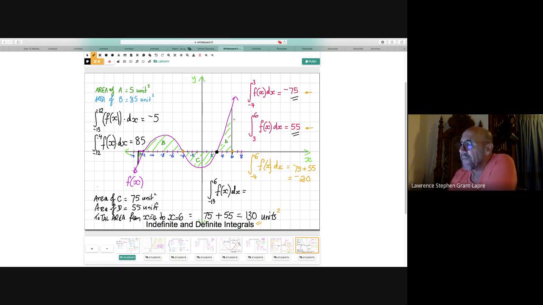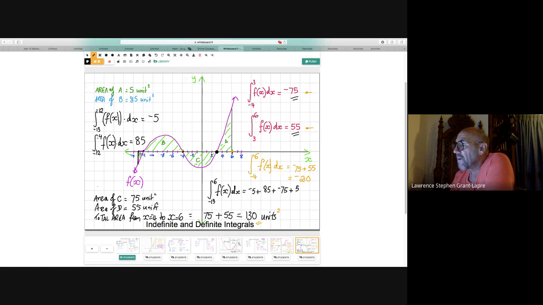So we've got A, -5, B, 85 positive, the definite integral between -4 and 3, where C is, -75, and the definite integral from 3 to 6 is +55.